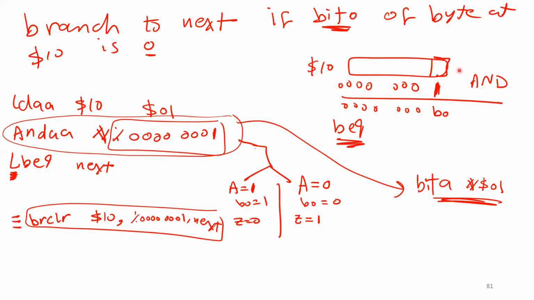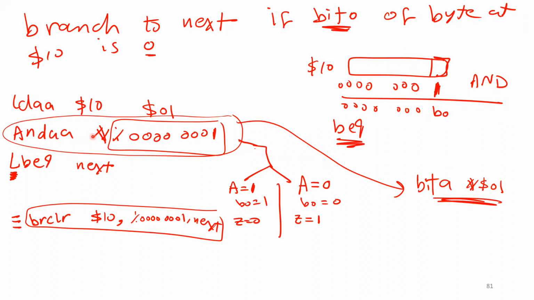I just care about this one. So the result should be 0, 0, 0, 0, and whatever this bit is comes here. If the result is 0, it sets the 0 flag. If not, it clears the 0 flag, and after that I can use branch if equal or branch if not equal. Let's see how I can do exactly this.